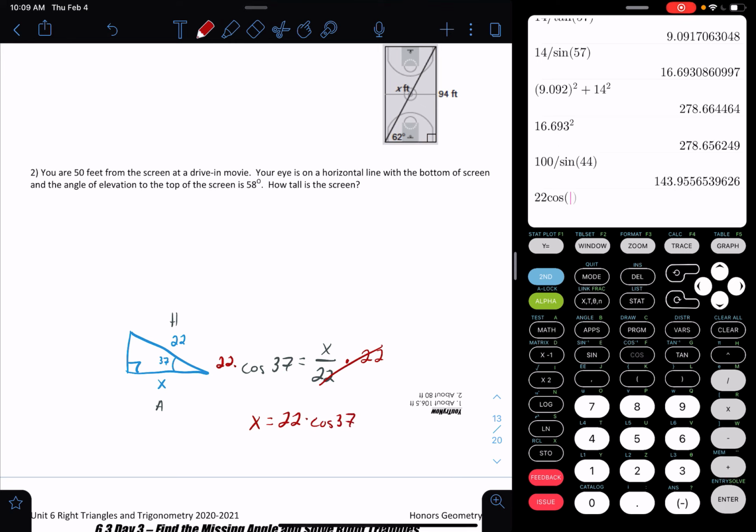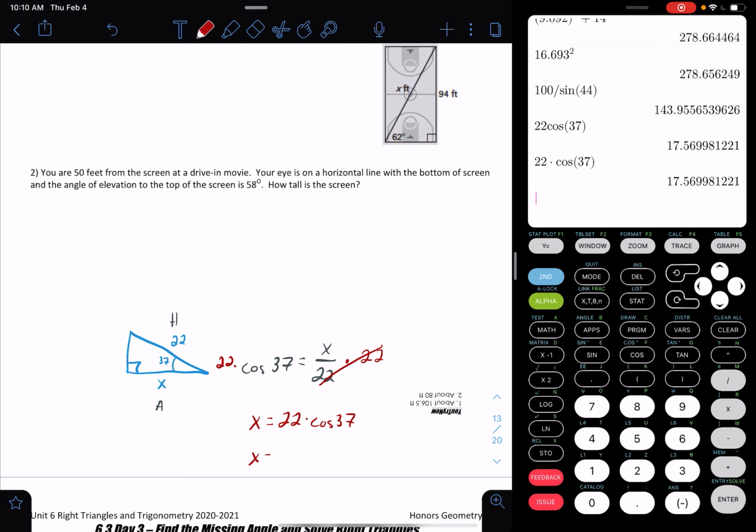And I'm just going to plug that into my calculator. So we could plug it in like that, or we could do 22 times cosine of 37. Should be the same thing. And we get x equals 17.57. Because we're going to get a little trickle effect with the rounding there. So 17.57.